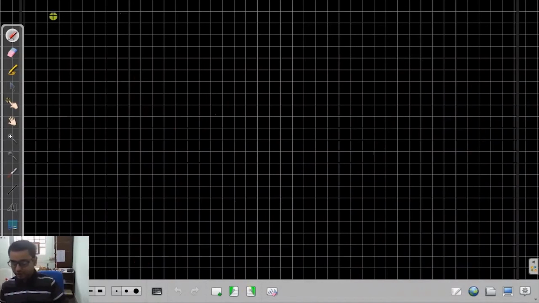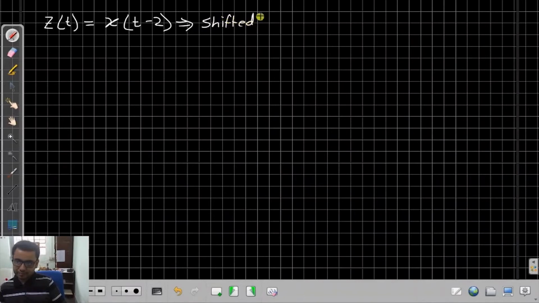Similarly, you should verify this yourself, that if I define another function, say zt equals x of t minus 2, that will be shifted towards right by 2 units of time.